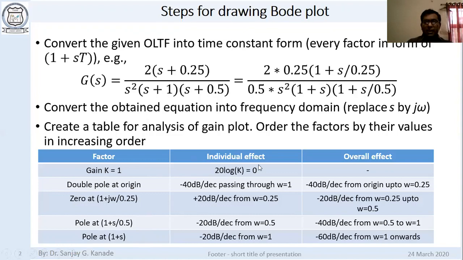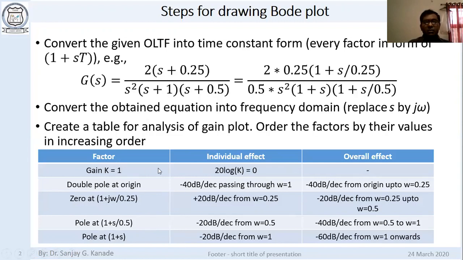Now, in the second column, we'll write their individual effects. This we have seen in the beginning, when we calculate the effects of each of the factors.